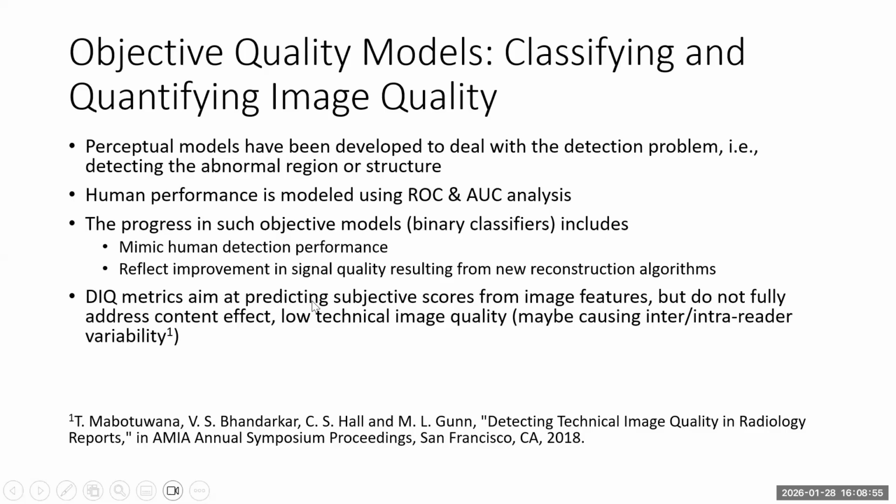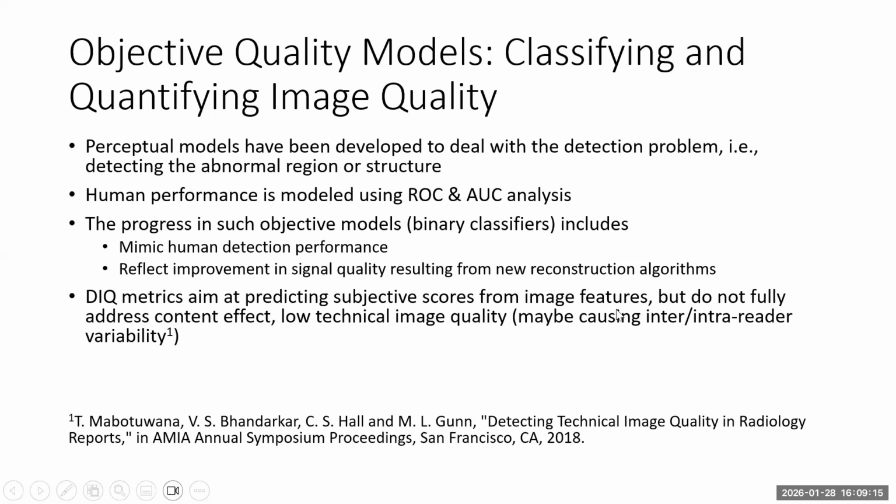But in reality, what we want to do is come up with metrics that are continuous, that are not for the binary problem, but try to compute this image quality across a range of different possibilities.